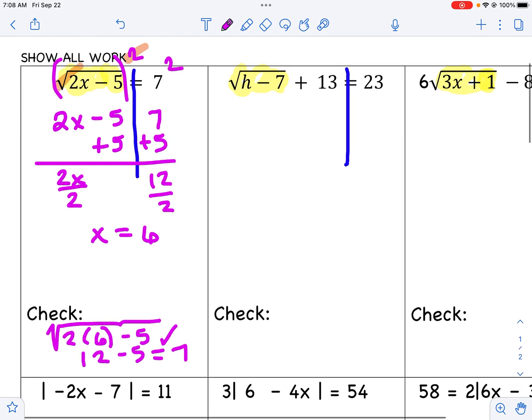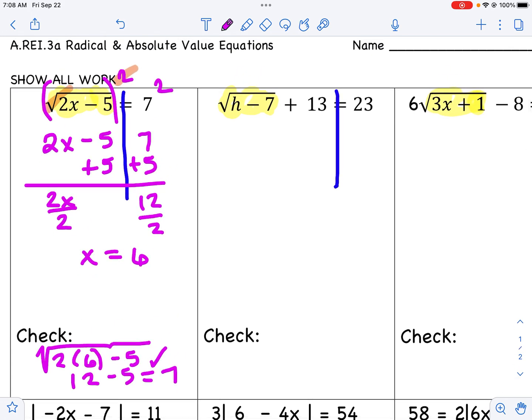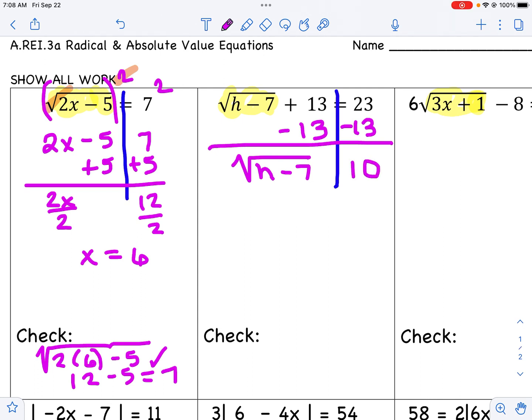When we look at the second problem, it's just one step more difficult. You'll notice that there's a plus 13 on the same side as the square root symbol. So our first step then is going to be to subtract 13 from both sides. And we now have the square root of h minus 7 is equal to 10.